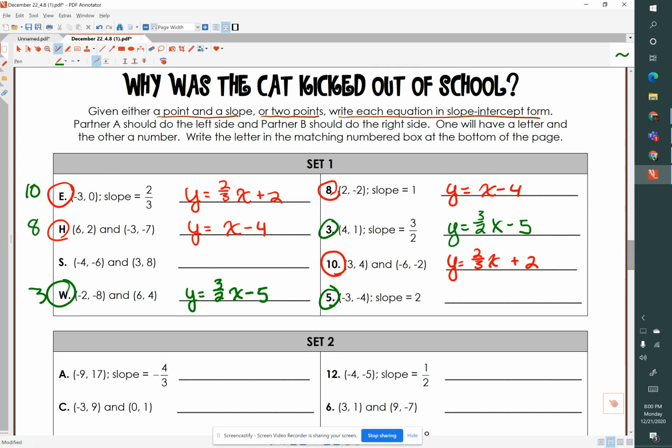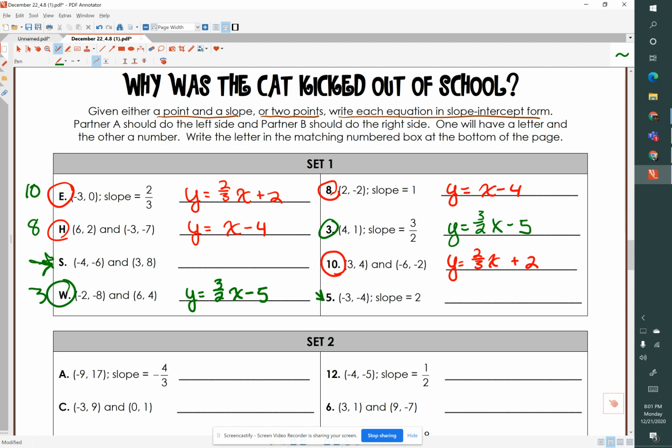Now, here's what I wanted to show you. We've done 3 on the left side, which coordinated with W on the right side. If you've got something remaining here, which is this S, and something remaining here, which is this 5, do you really need to do both of those?